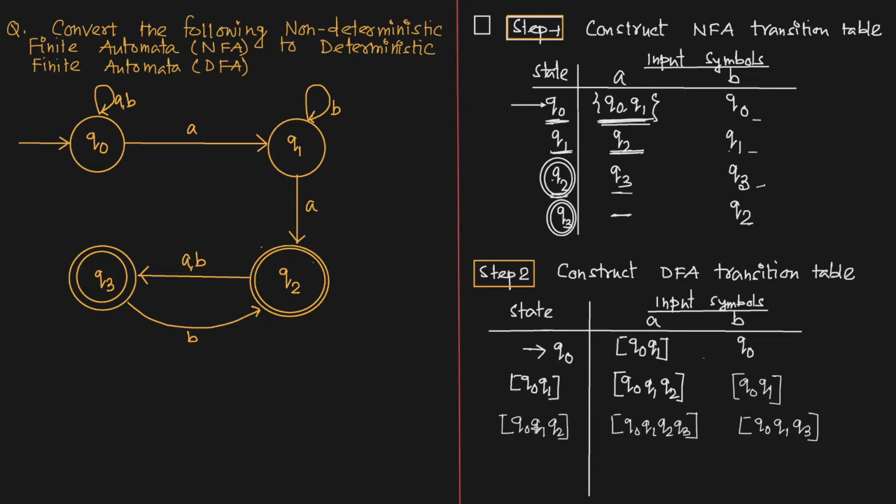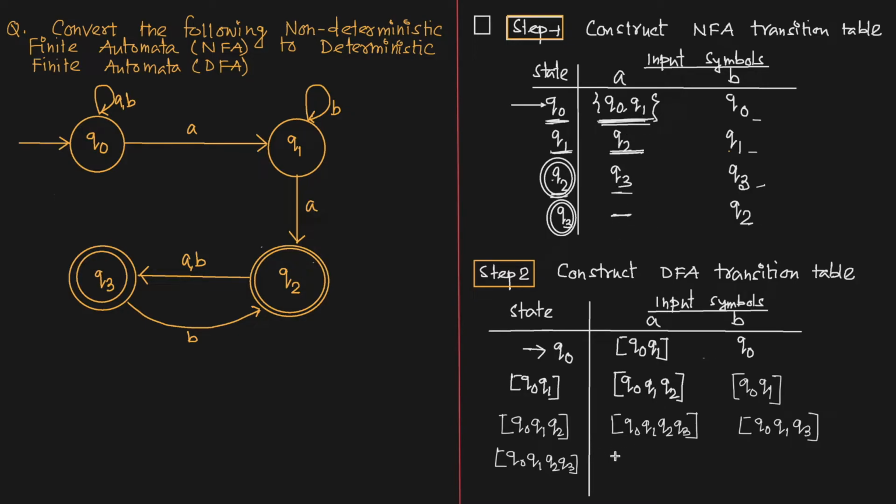So Q0, Q1, Q3 and Q0, Q1, Q2, Q3 are the new states. First write down this Q0, Q1, Q2, Q3.